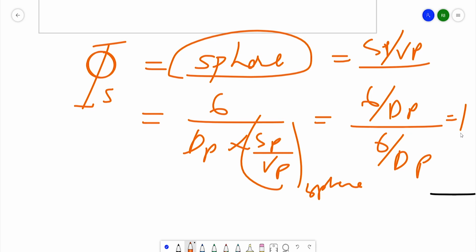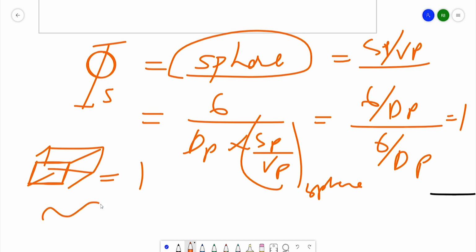Sphericity means how closely an irregular particle resembles a sphere. In the case of a cube, we already discussed that it can be considered as close to a sphere, which is why it has a sphericity of 1. Suppose you have a particle like this. Can you guess the value of sphericity for this particle? The sphericity of this irregular particle will be away from 1.